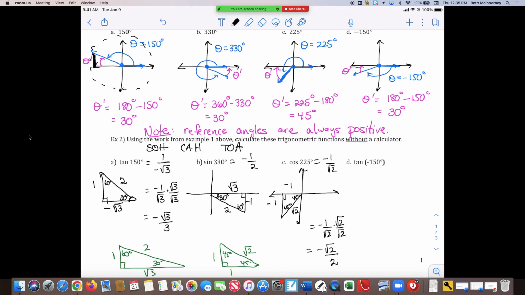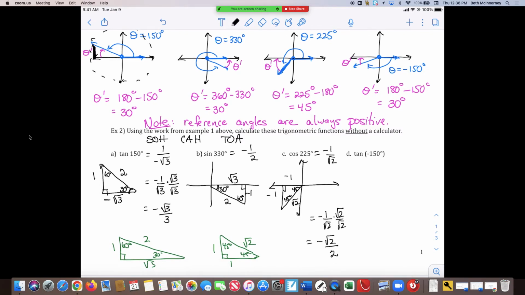All right, let's do the last one. Tangent of negative 150. So we're going to look where that angle was. And remember the reference angle was 30. Across from 30 is the 1.